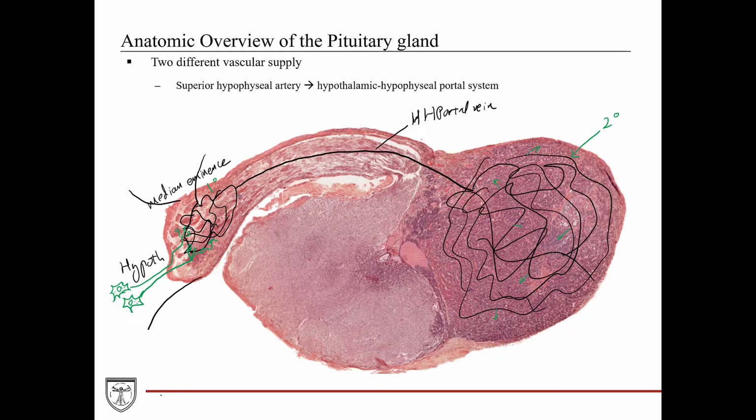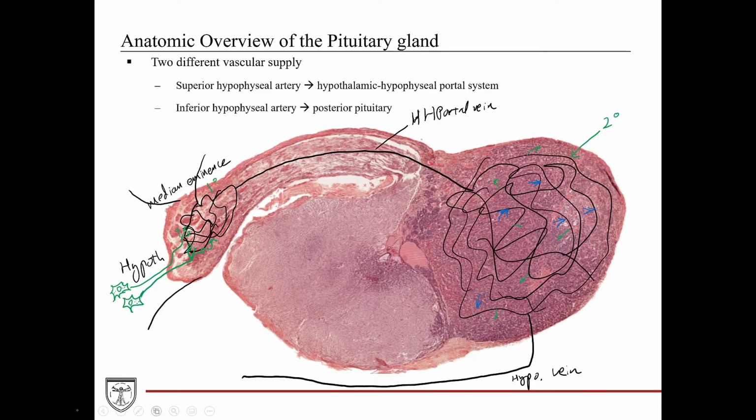And in response, the cells within the anterior pituitary are now releasing or stop releasing their hormones. And a lot of these released anterior pituitary hormones are then being carried away by the hypophyseal vein to the systemic circulation. The second vascular supply is the inferior hypophyseal artery.